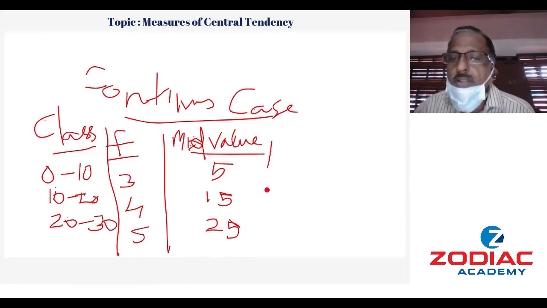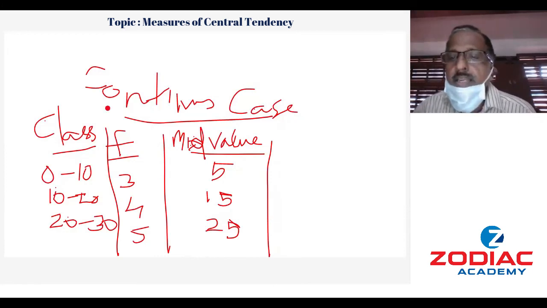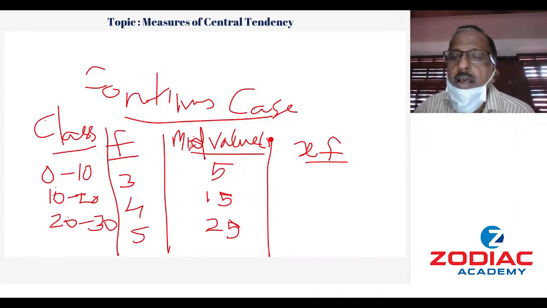You take these mid values as the x values. Then you can calculate x into f.